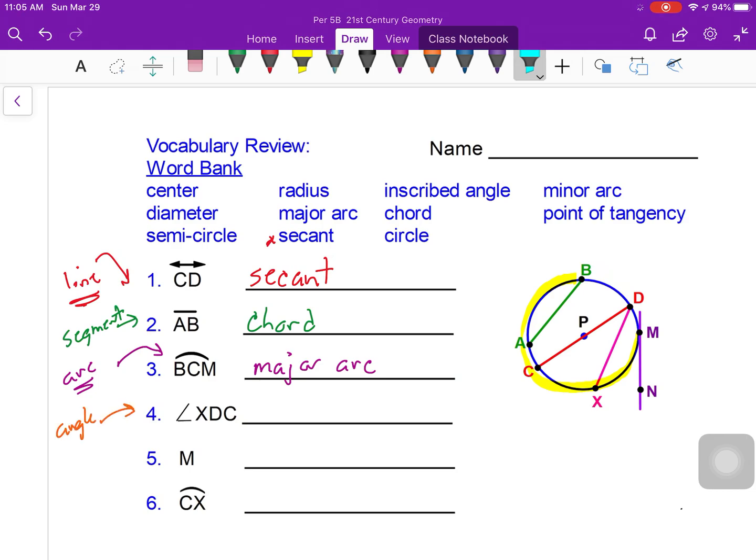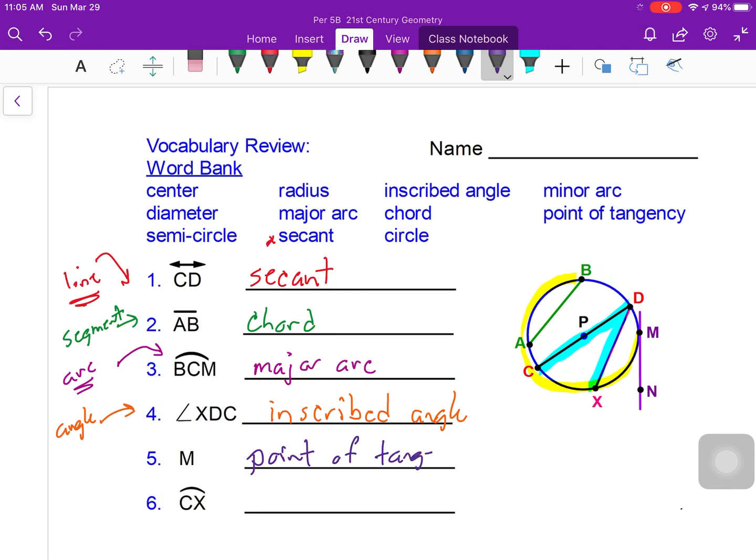The next one, we can see is an angle. The angle X to D to C. We can see that that's an angle that has its vertex on the circle itself. So that would be called an inscribed angle. M is just a point, and it's the point where that purple segment just touches the circle.